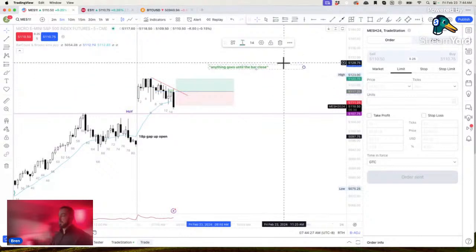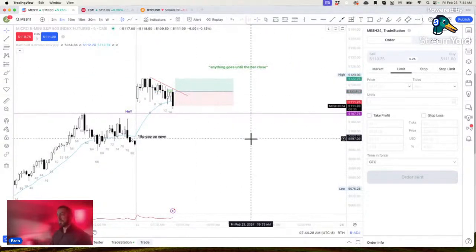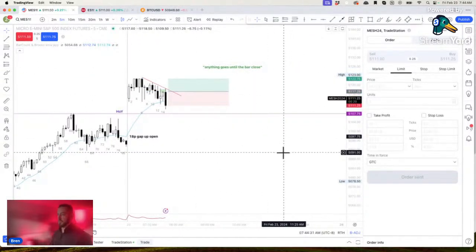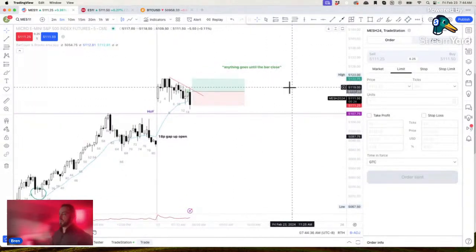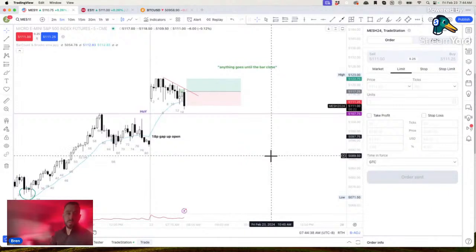All right. So we've got a bear channel, right? You see the red line? It means we're moving down.